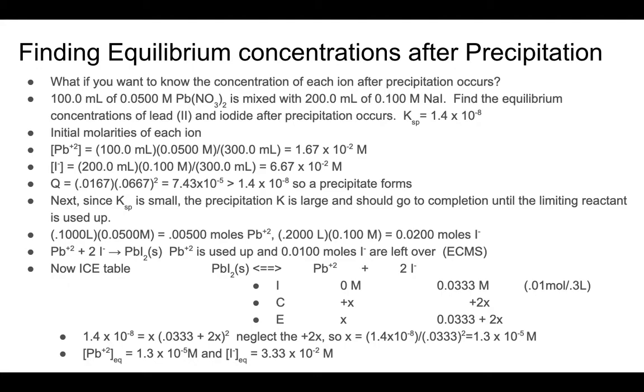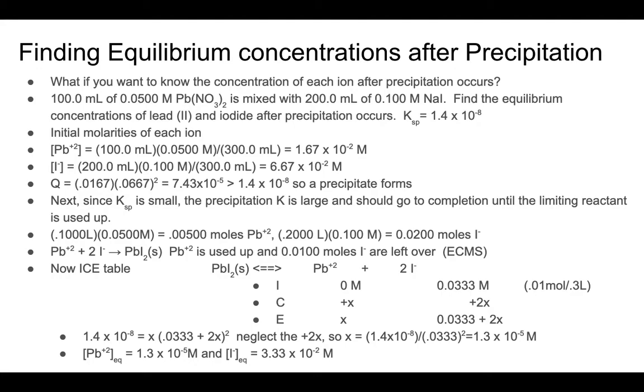So to summarize, what you first do is you check to see that a precipitate does in fact form using the Q approach, where you look to see if Q is greater than K. If it does, you assume that the reaction occurs stoichiometrically, not equilibrium-wise. You assume it goes all the way to the right, using up one of the two ions. So now you do a little ECMS on it.